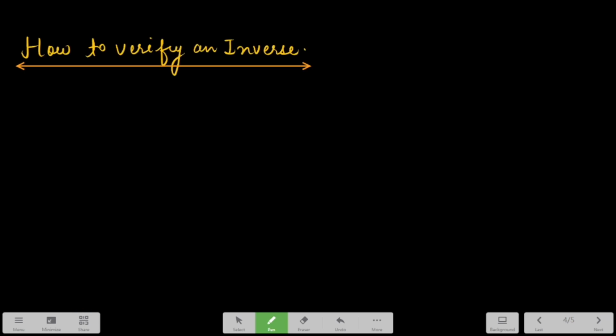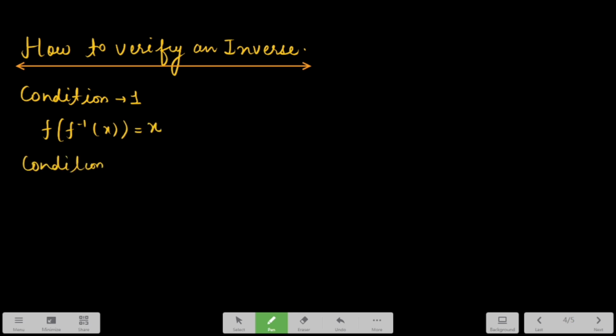Let's check how to verify an inverse. Let's check whether two functions are truly inverses. We must check condition 1: f(f inverse(x)) = x, and condition 2: f inverse(f(x)) = x.